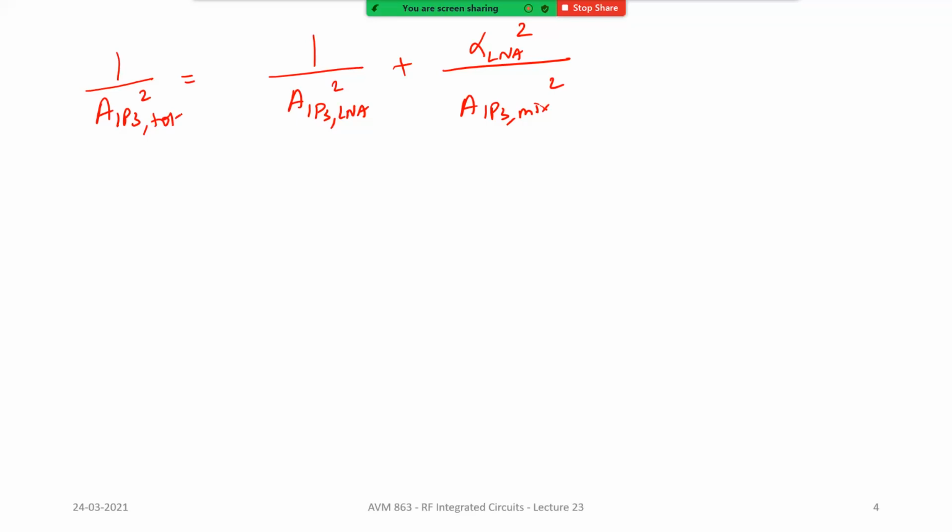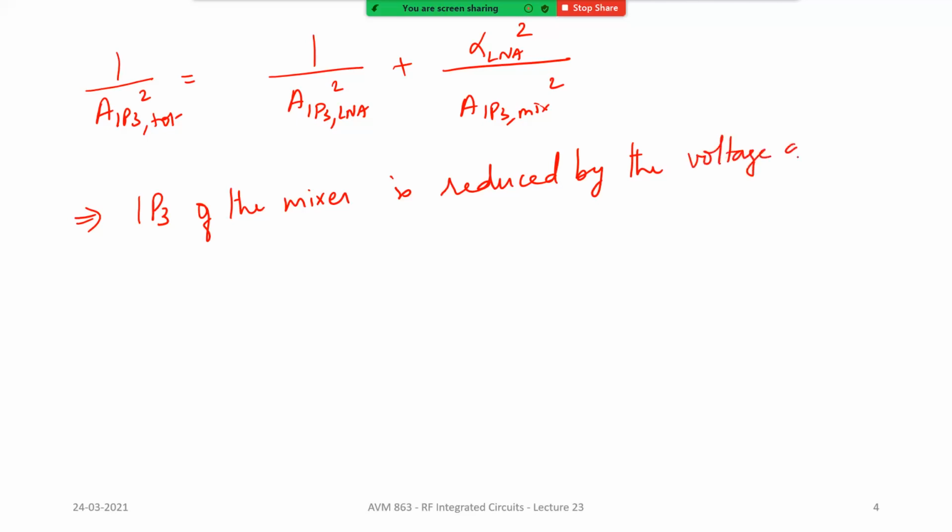So what we are seeing here is that the IP3 point of the mixer is reduced by the voltage gain of the LNA.